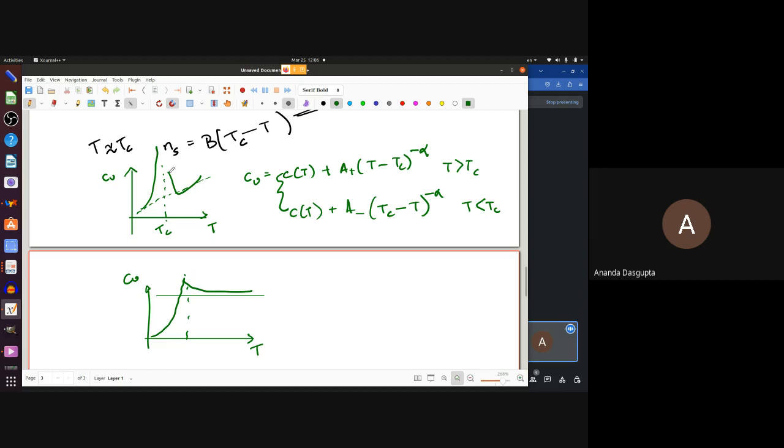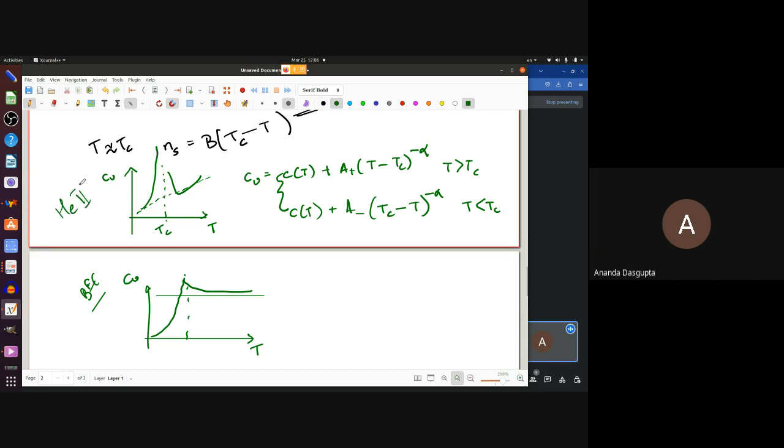What's the big difference between these two curves? For BEC, CV doesn't diverge at T equal to Tc. It is in fact continuous. It just has a kink in the curve. The slope is discontinuous.